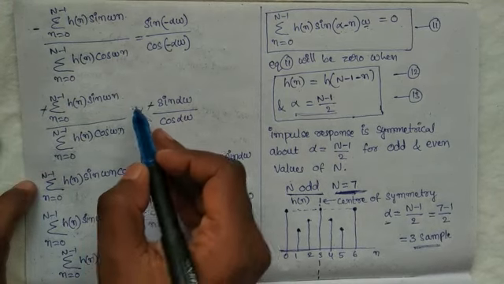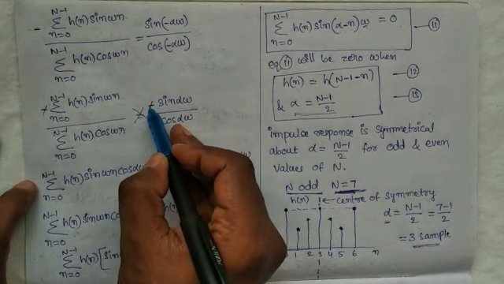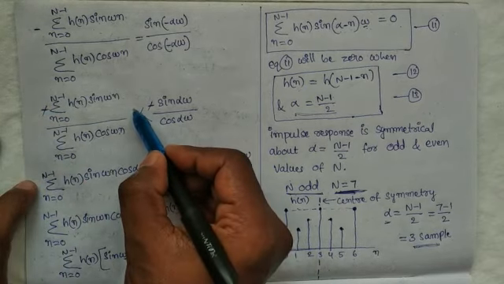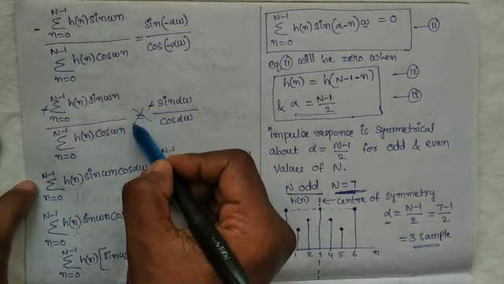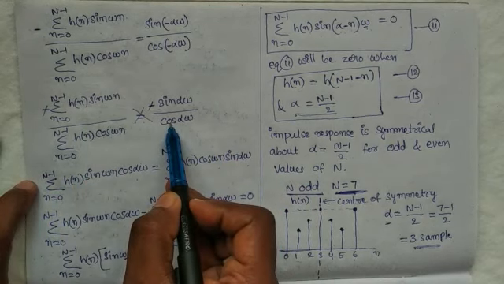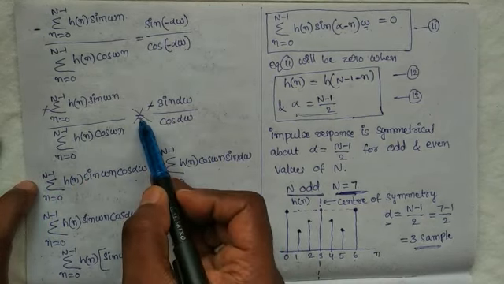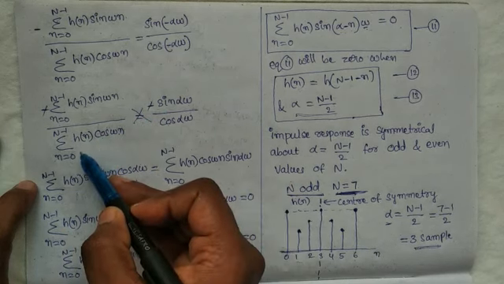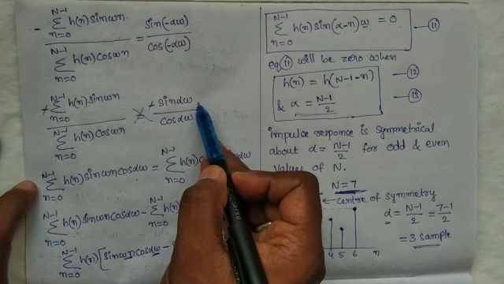Here, the terms on both sides get cancelled. Then we are taking cross multiplication. Here this term is multiplied with cos alpha omega, and which is equal to, this term is multiplied with sin alpha omega.